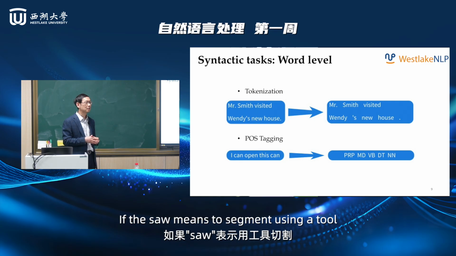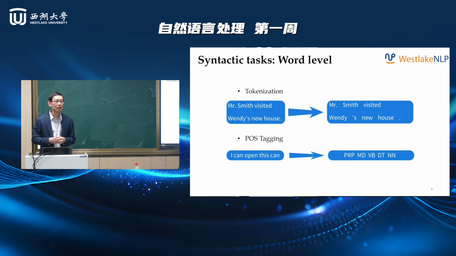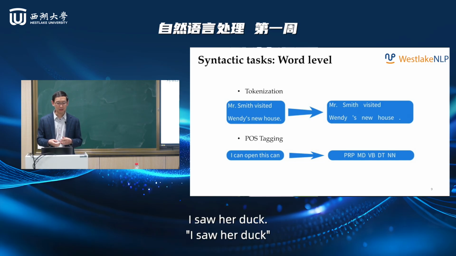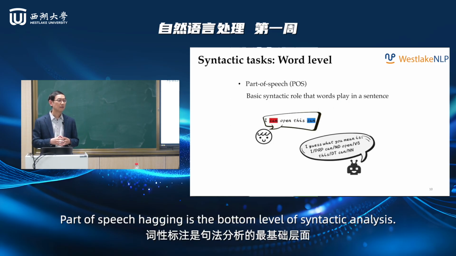If the saw means to segment using a tool, it means that I segmented her toy duck or something. Or it can mean I saw her shying away from something, right? I saw her duck, okay. All right, so part of speech tagging is the bottom level of syntactic analysis.